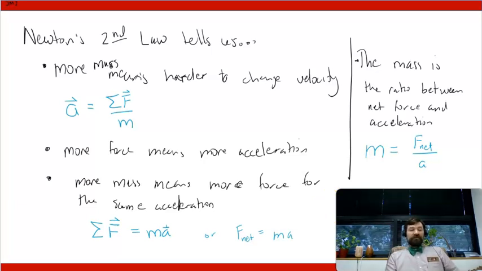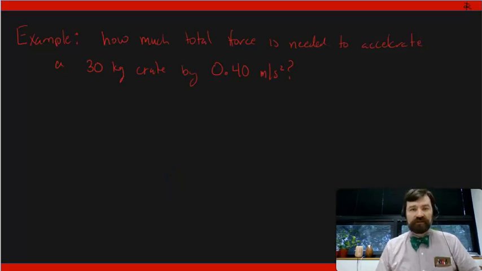So what is an example of Newton's second law? For example, we might ask how much total force is needed to accelerate a 30 kilogram crate by 0.4 meters per second squared. This is basically asking for what net force, F net.